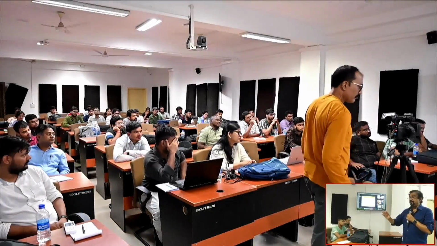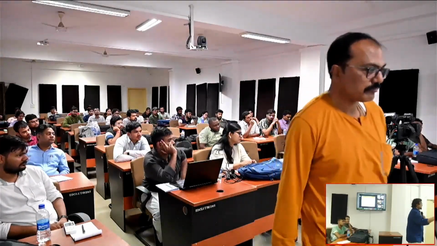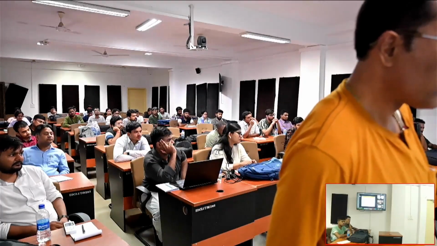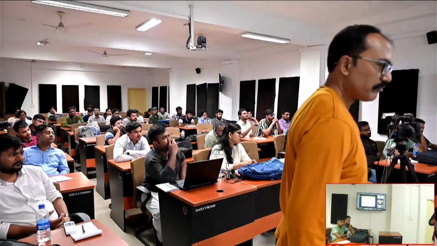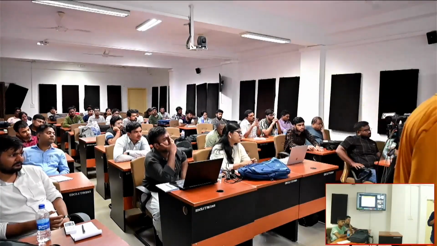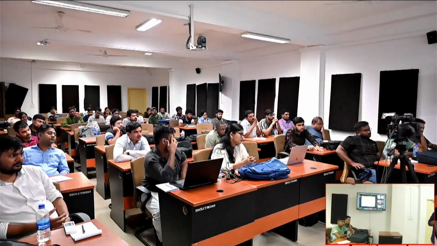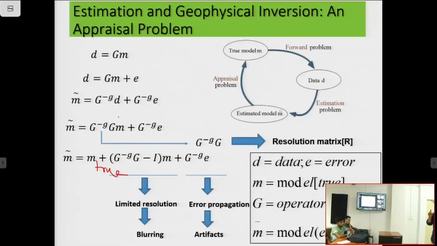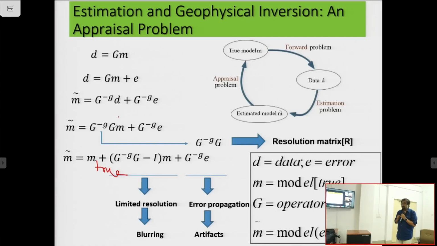But the main focus in this situation, which Soren is trying to explain to you, is that we don't know the true model, but at least we can have some idea about how well we are finding the model. And that particular parameter, how well you can find the model, can be estimated from a function of the generalized inverse.